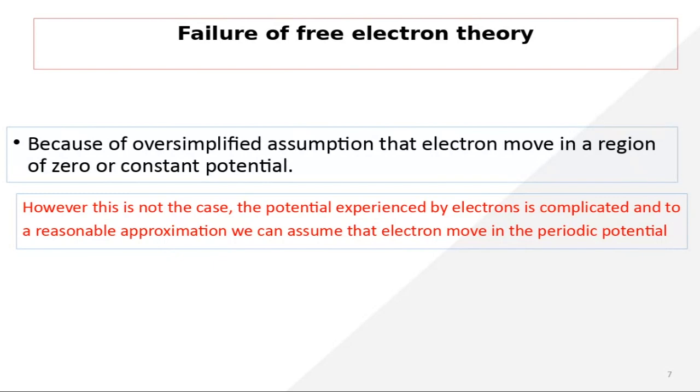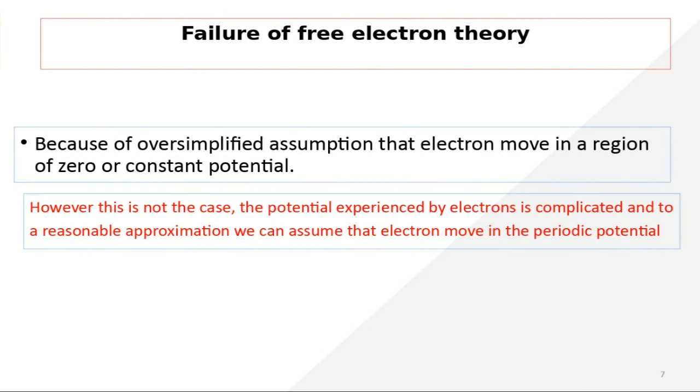In those theories they totally ignored the potential, saying it is zero or constant. But this is not the case, because the potential experienced by the electrons is complicated, and we should take it into account. If you take these interactions between the electrons and the potentials into consideration, obviously you will get different results.